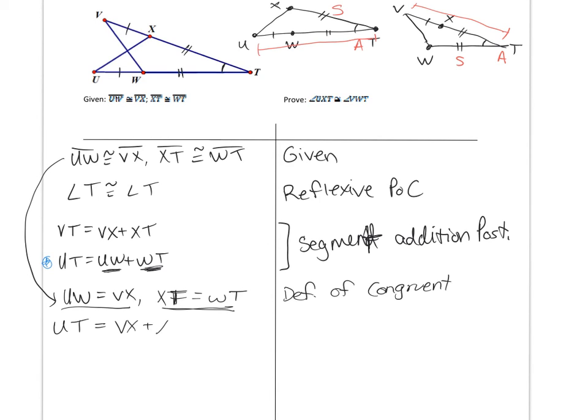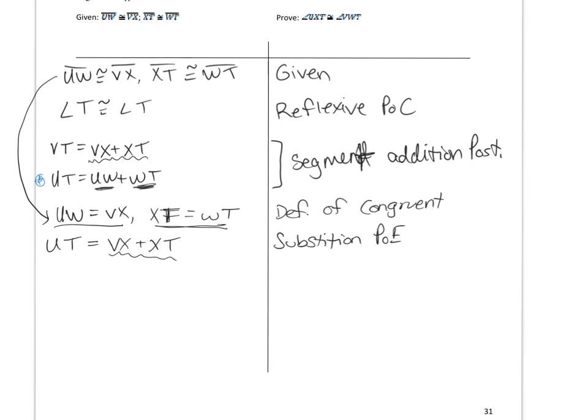So VX plus XT. Now, why do I like that? I like that because if you look here, I had this in terms of VX plus XT, and now here is VX plus XT. So I'm going to be able to use transitive property. Substitution POE. So let's do that. Let's use some transitive property.